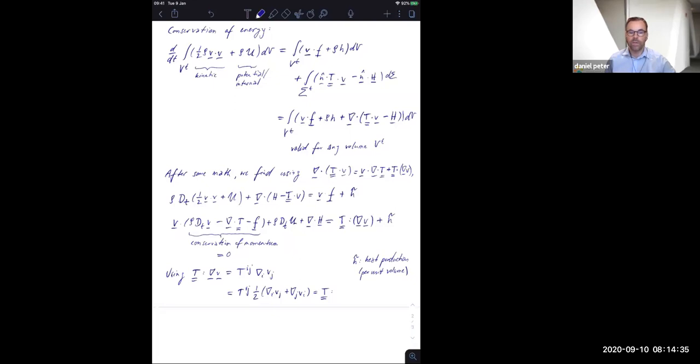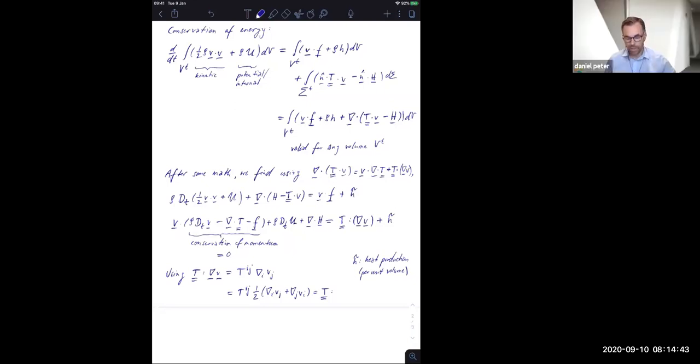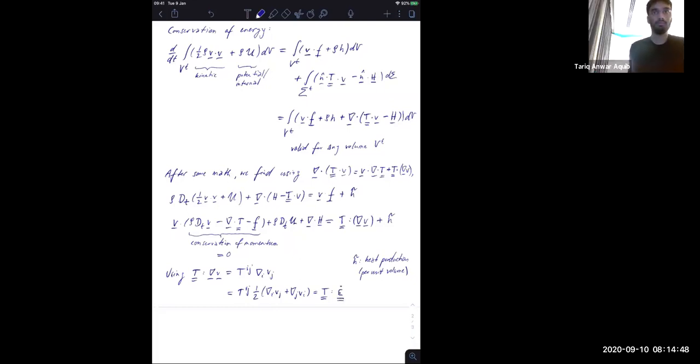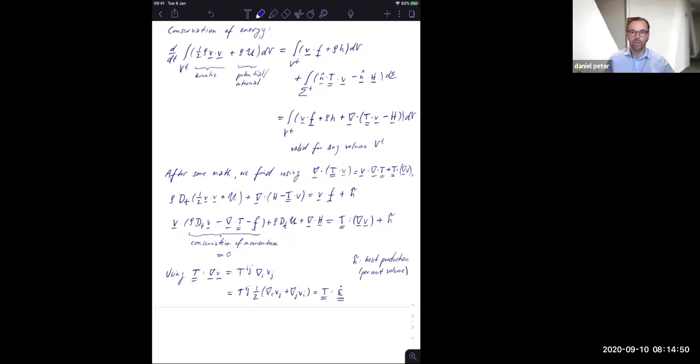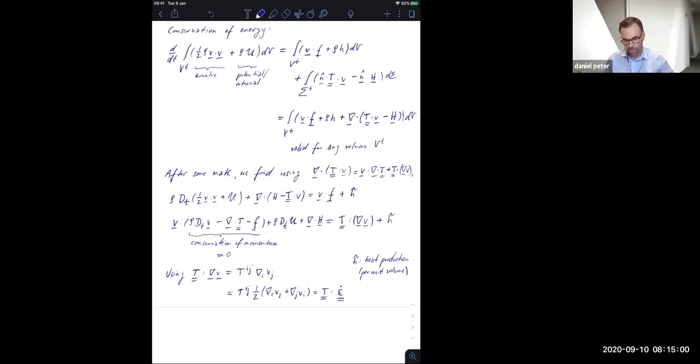So since we have velocities here, it's not the strain. It's the strain rate, yes. So for that, we have this dot on top of strain, the time derivative of strain, so this is the strain rate.